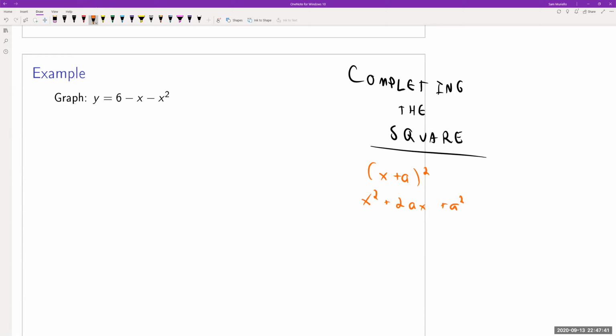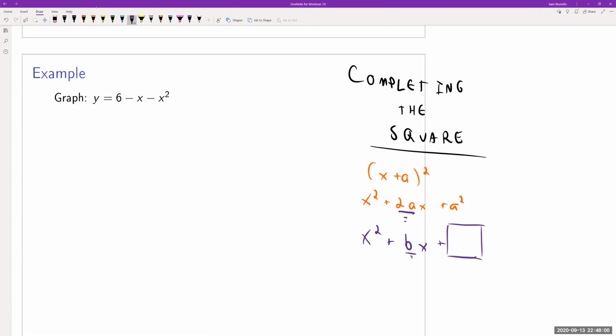What I would like to be able to do is reverse the process if I was given x squared plus bx. Notice that this b lines up here with the 2a, and I would like to figure out what I need to add in order to complete the square.